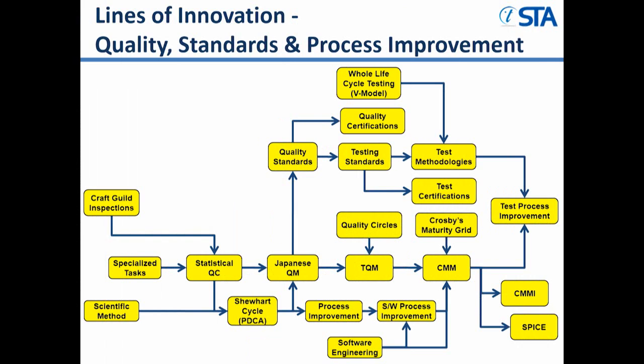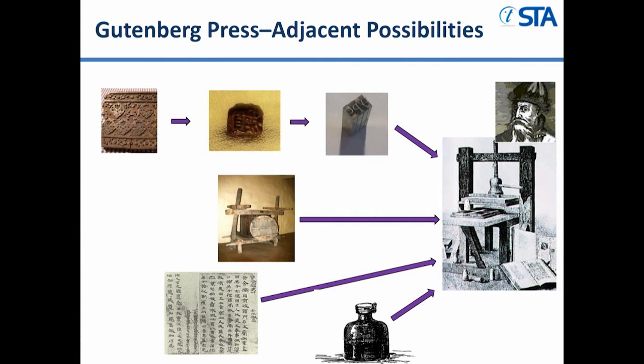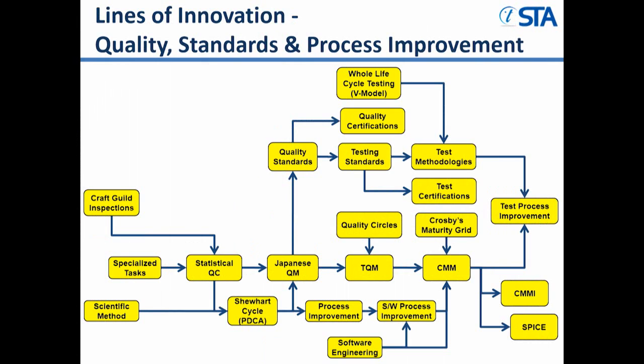So that brings me to lines of innovation. What you can see with the Gutenberg press there is that we had wood blocks, then we had ceramic type, then we had metal type. Innovations build on innovations. So we end up with lines of innovation. What you can see here is lines of innovation to do with software quality. At the far left there, if we look at the scientific method, that was the 17th century.